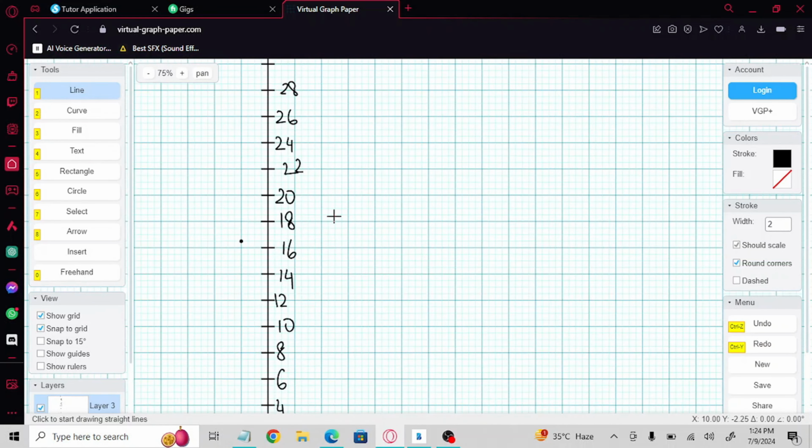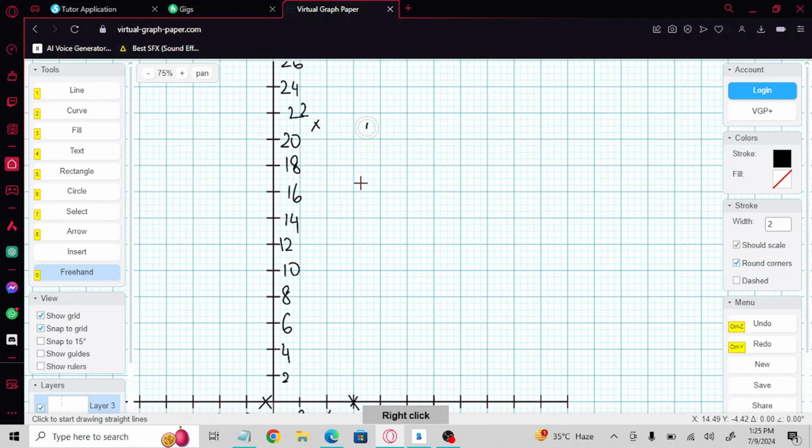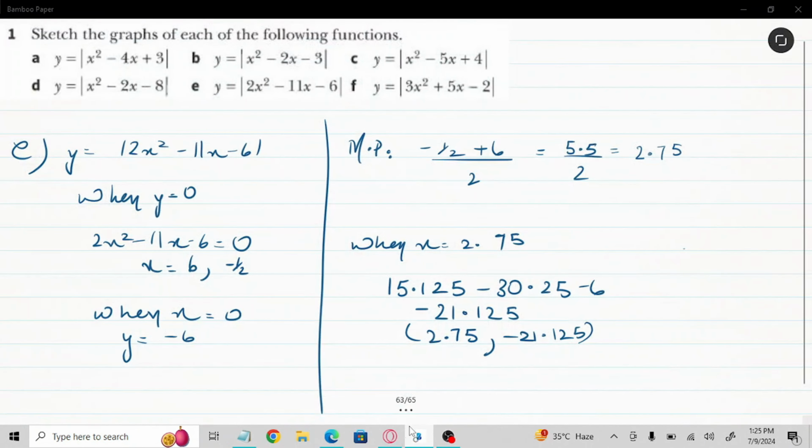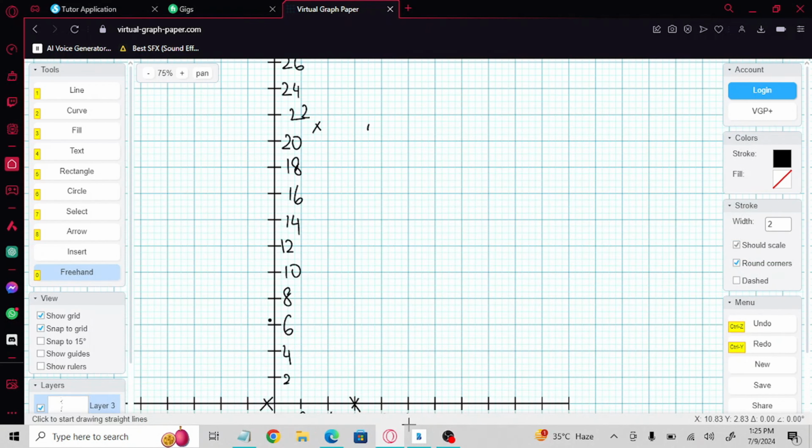So what we are going to do next is take this negative 21.125 and connect with this 2.75, and that's it. Then where did we have? Yeah, so it's positive 6, another point, and then we are going to connect this with our curve. Oops, that's too much.